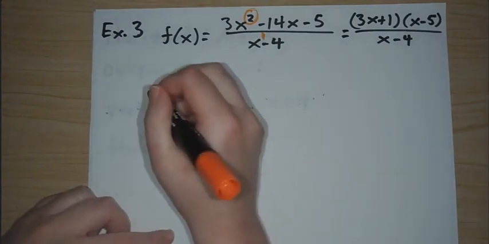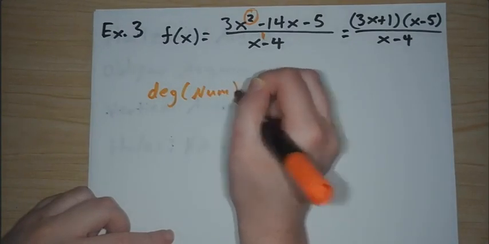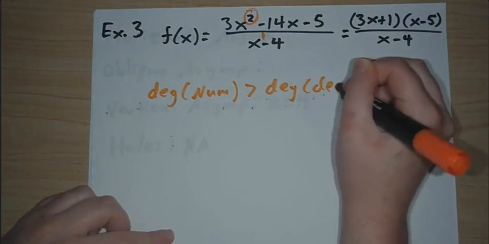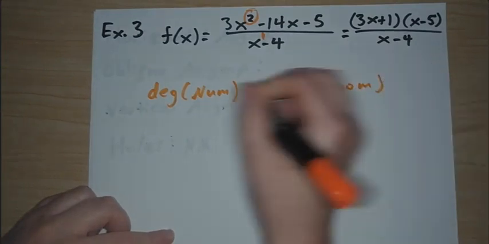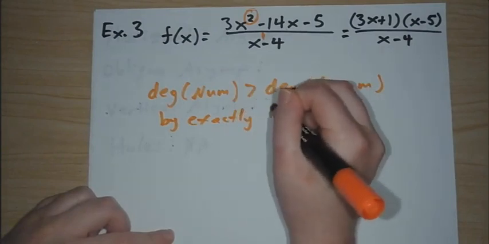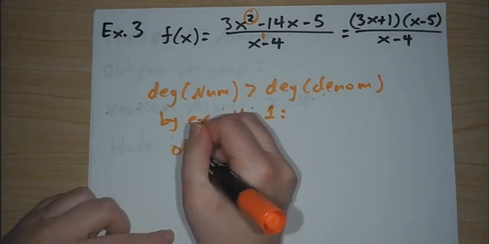So the rule is that if the degree of the numerator is greater than the degree of the denominator by exactly 1, then we have an oblique asymptote.